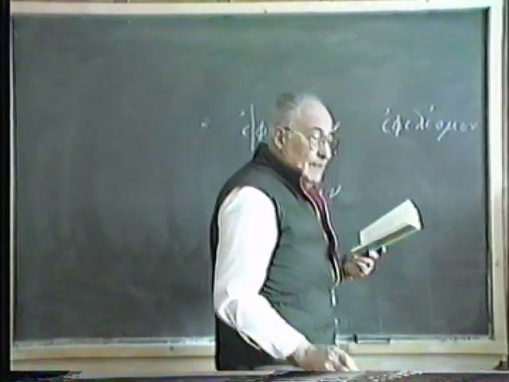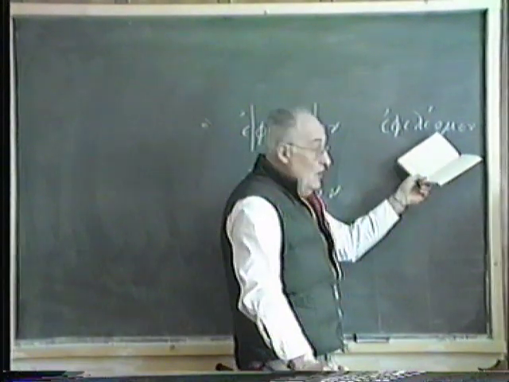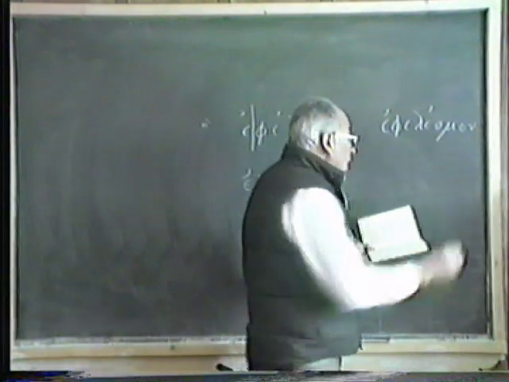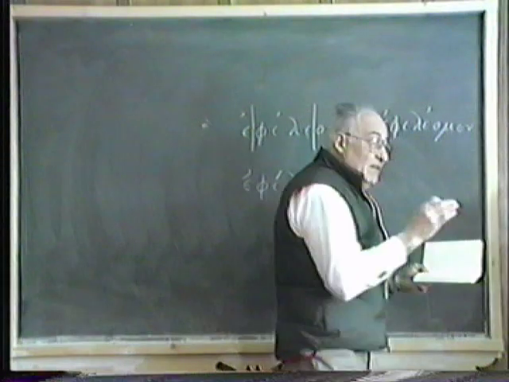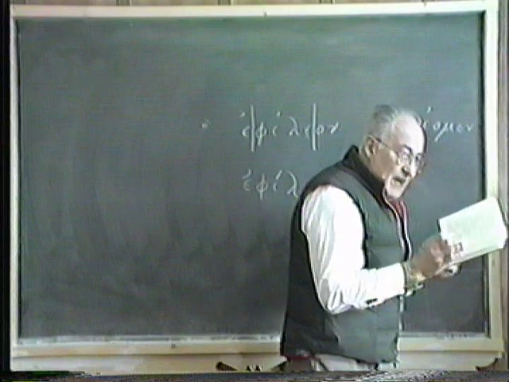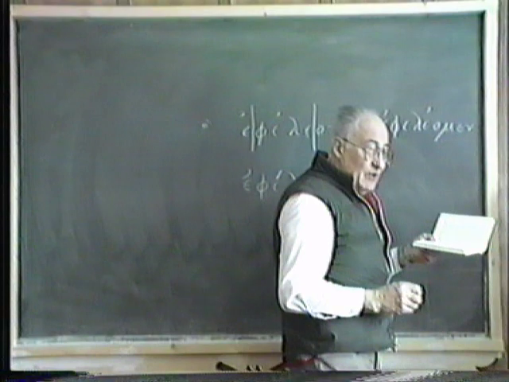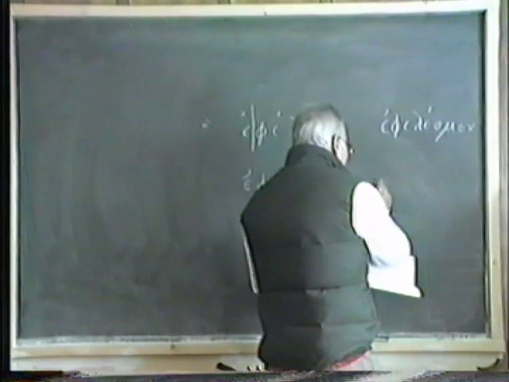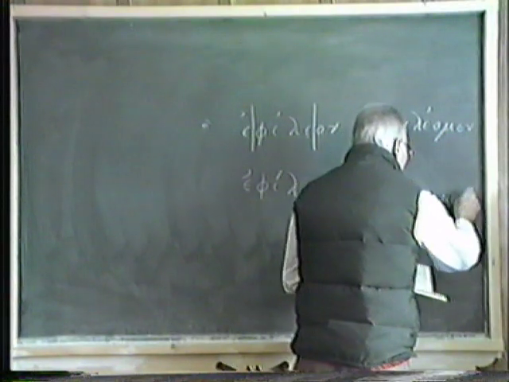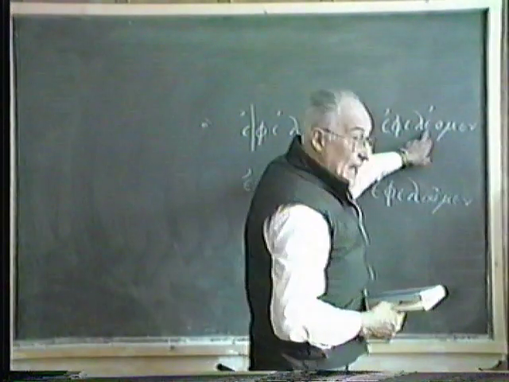Now, he says, when your accent falls on the antepenult, where your accent falls on the part that is to be contracted, then that's going to govern for you what kind of an accent you're going to have on the contracted form. So it says, e-phi-lou-men, because your accent was here.